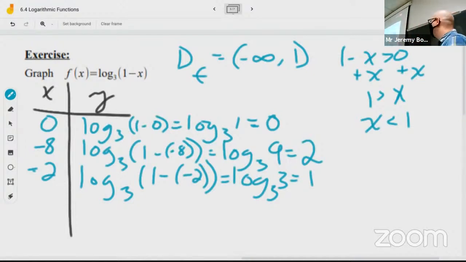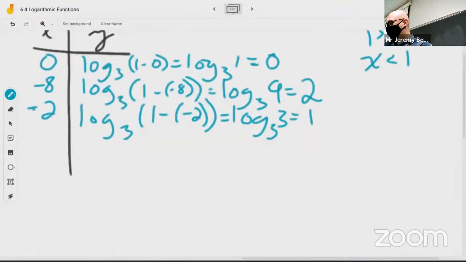And we can't do anything greater than 1, or 1 itself. And I think those are the only ones that are going to work out. So yeah, I think the next one would be pretty tough. So let's stick with these 3 points and see if we can figure it out from there. So we got 3 points: 0, comma 0; -8, comma 2.